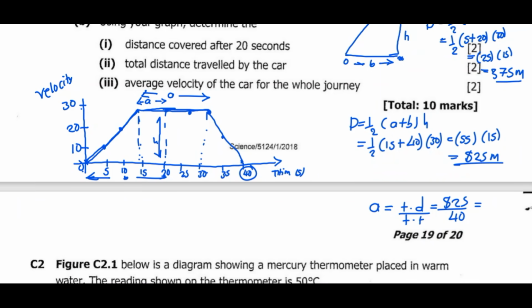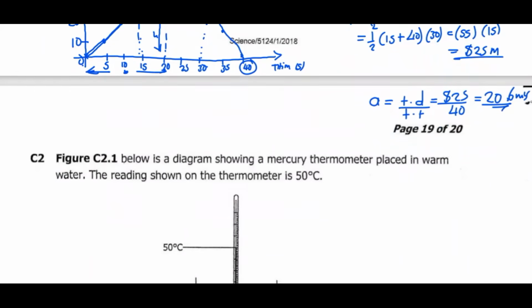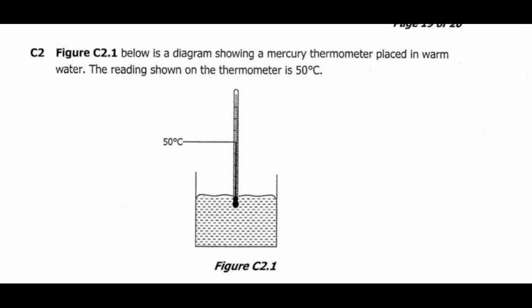So 825 divided by 40, I'm getting 20.6 meters per second.